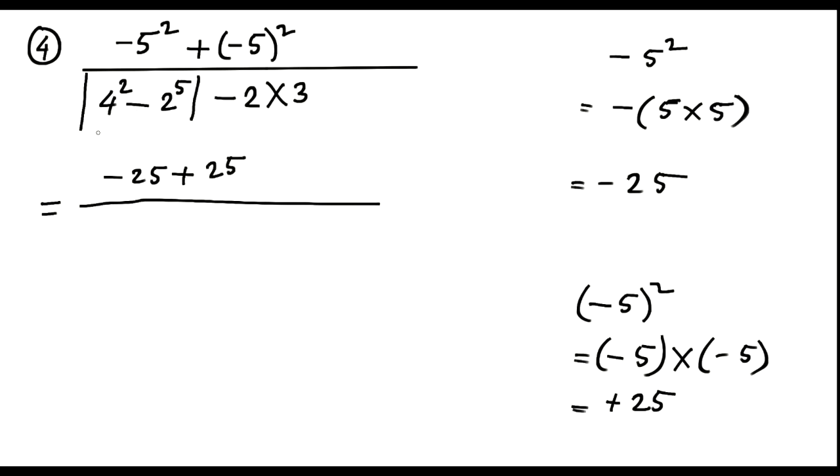Okay. Now in the down we have absolute value and multiplication, subtraction. But we have to do the absolute value calculation first because it is before multiplication and division. So here we will have 16 and here we will have 32, minus 2 multiplied by 3.